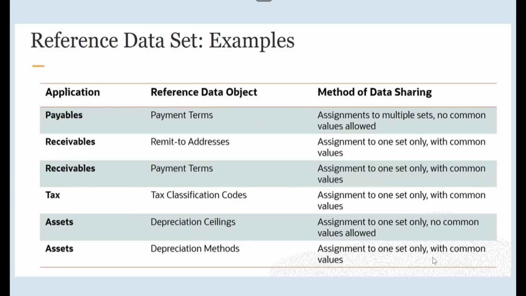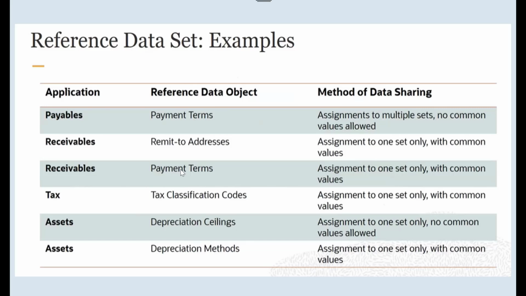So what does that indicate? This indicates that some of the reference data objects can use the common reference data set, which is a predefined one. For example, your receivables payment term. If you have created a receivables payment term, let us say net 25, then you can attach the predefined reference data set Common to that payment term.